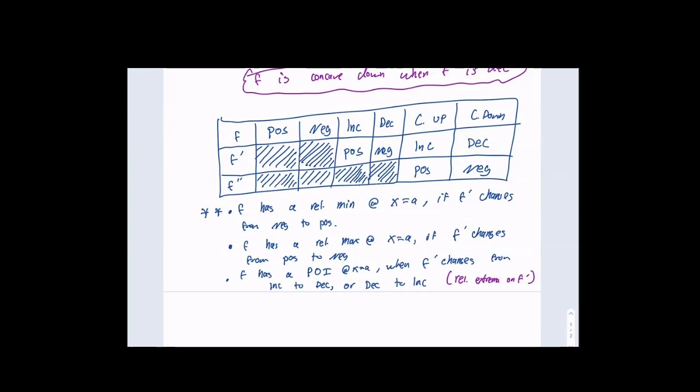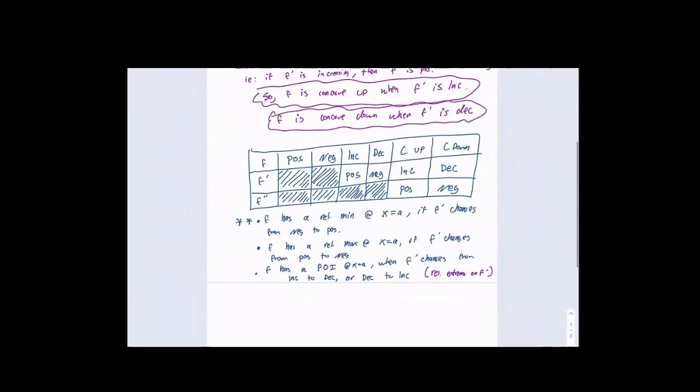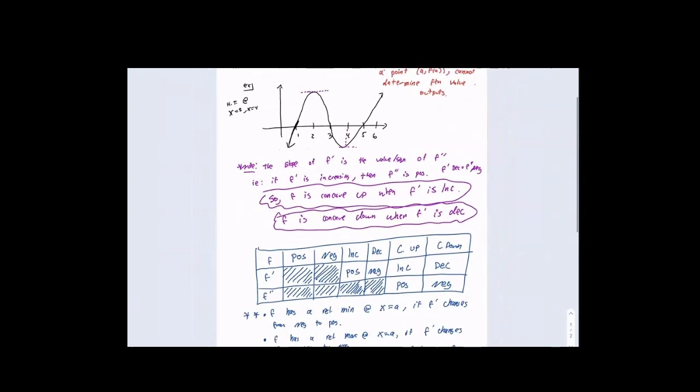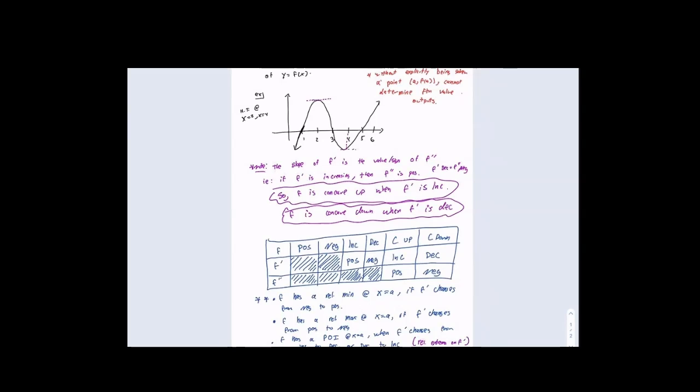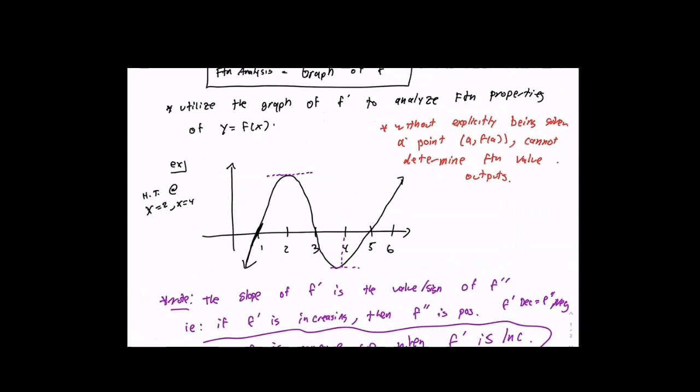Now, when you look at the graph of f prime, that means if you see a relative extrema on f prime, that's a point of inflection. Now, you cannot be making mistakes that are very simple, such as this. If I asked you, where is there a relative extrema for f? The worst response that I can get from you is you go, oh, there's a relative max at x equals 2.